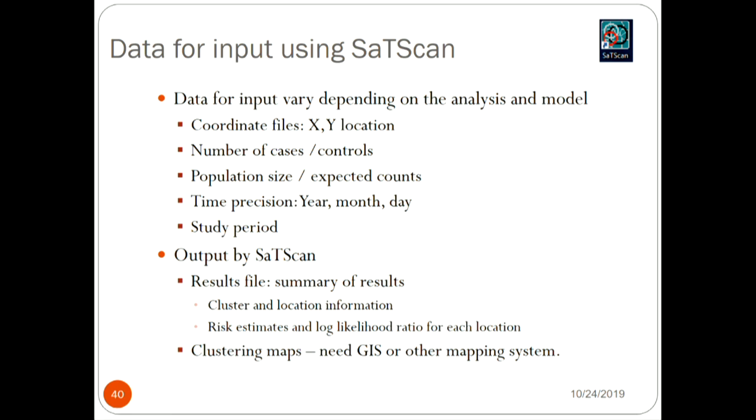Okay. Now the output by SaTScan. I'm going to present those outputs of SaTScan later. Usually it will have a summary of the results showing the number of clusters and the location information, that is, what locations are within each cluster, the risk estimate for each location, and the log likelihood ratio test.